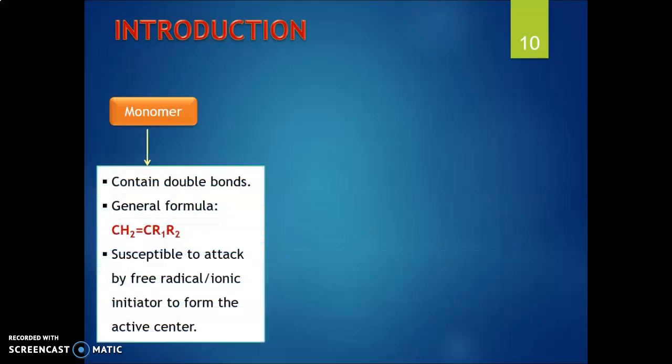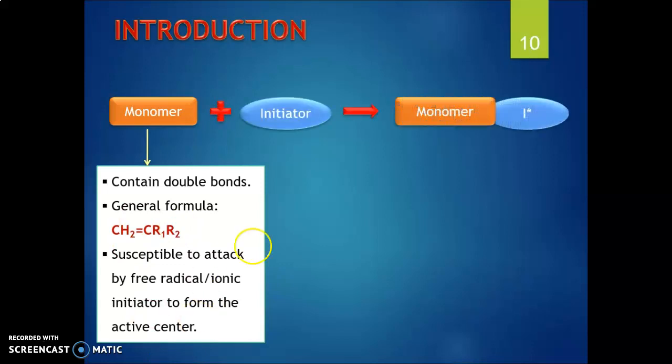Okay, the consideration or the properties of the monomer: it must contain a double bond. So the general formula is carbon, carbon, double bond. Susceptible to attack by free radical or ionic initiator to form the active center. So the monomer will react with the initiator to form the monomer with initiator.